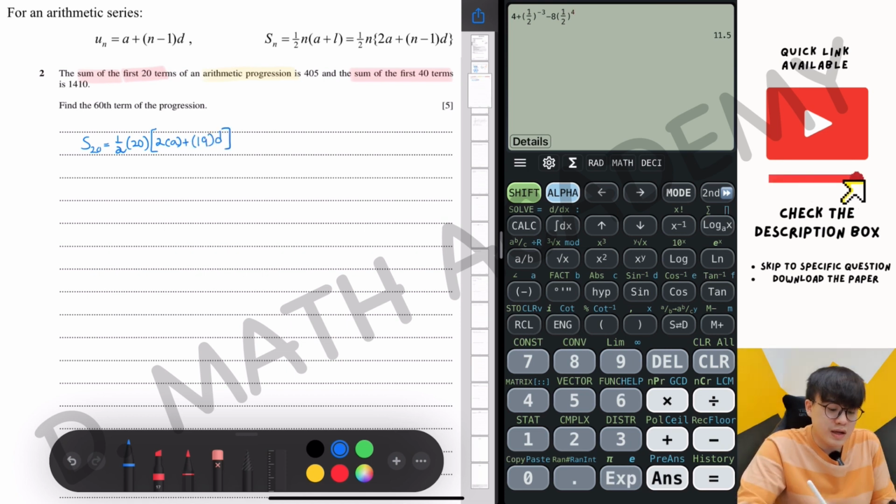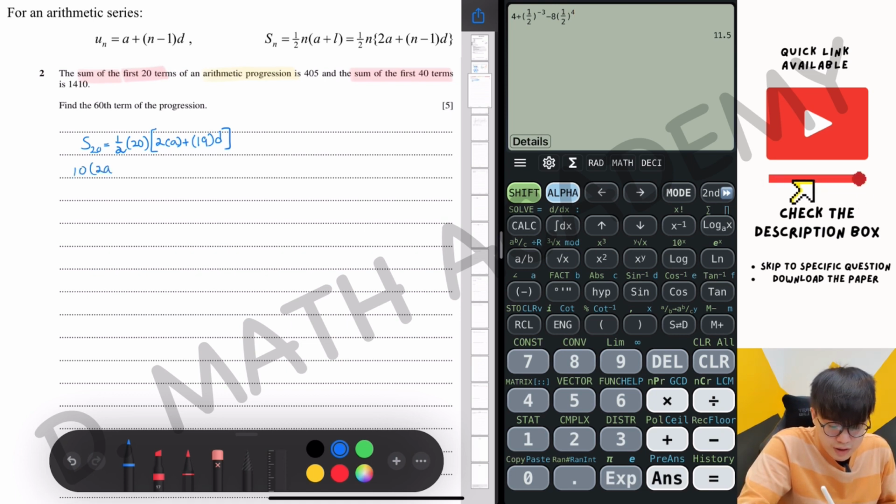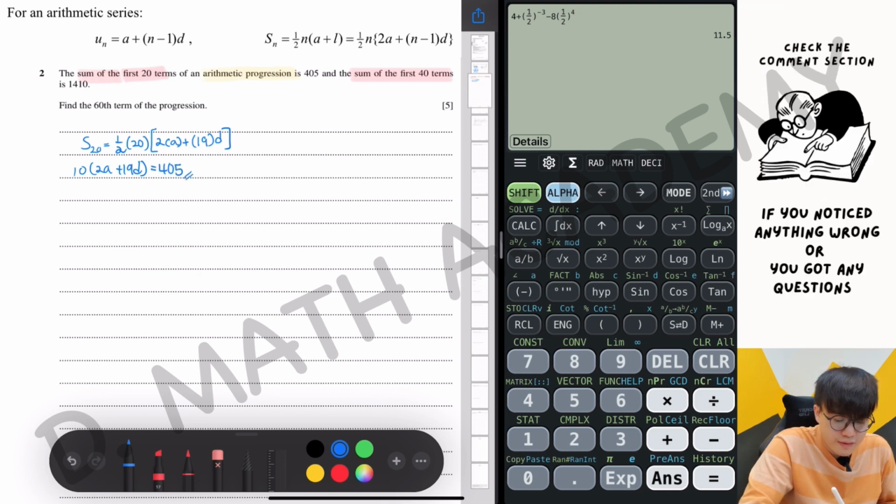After you rearrange it, you will actually get to this, and they are equal to 405. So this was the first equation that I identified, and based on the next one that they gave us, they said that S40 is actually 1410.